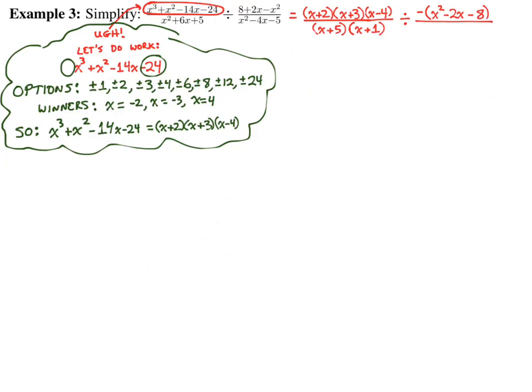You see how that top one on the right is backwards? I'm going to factor out the negative sign to make it look correct. So it's positive x squared, negative 2x, negative 8. I factored the denominator, that's pretty easy, and this time actually factor that top right polynomial.